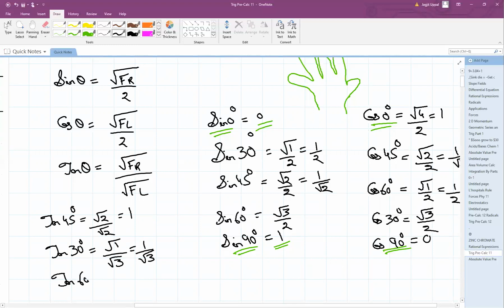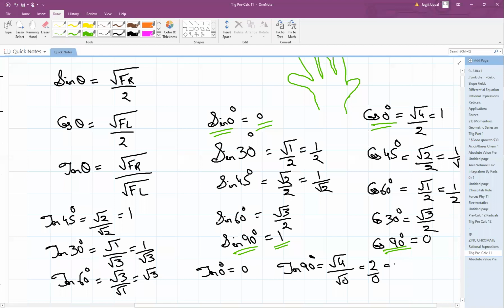Tan 60, square root 3 over square root 1, so just square root 3. Very good. And tan 0, 0. Tan 90, undefined, because it's going to be square root of 4 over square root of 0, and anything over 0 is undefined. Very well.